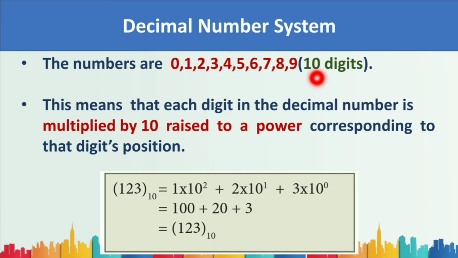You can say base or you can say radix, both are the same. This means that each digit in the decimal number system is multiplied by 10 raised to the power corresponding to the digit's position. That means ones, tens, hundreds. So based on the position, we have to multiply by 10 to the power terms.